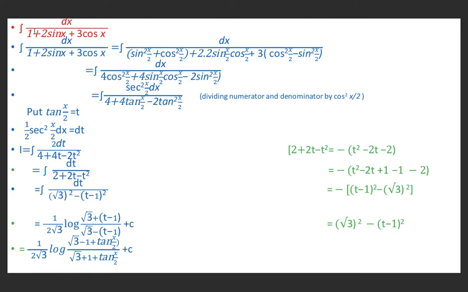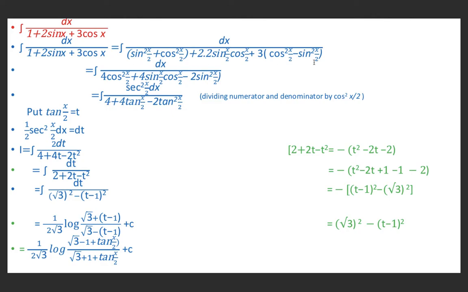So 1 is nothing but sin square x by 2 plus cos square x by 2, because we know that sin square theta plus cos square theta is 1. So I have expressed the denominator as sin square x by 2 plus cos square x by 2, which is 1, plus 2 sin x as 2 sin x by 2 cos x by 2, plus 3 into cos square x by 2 minus sin square x by 2.